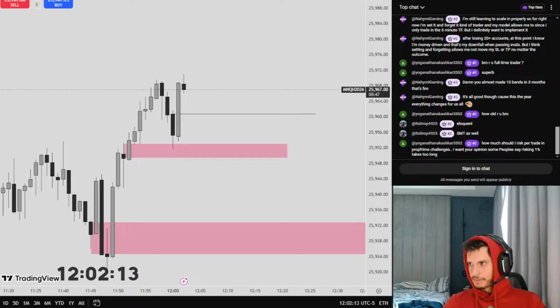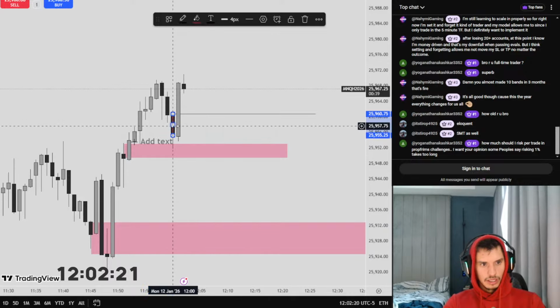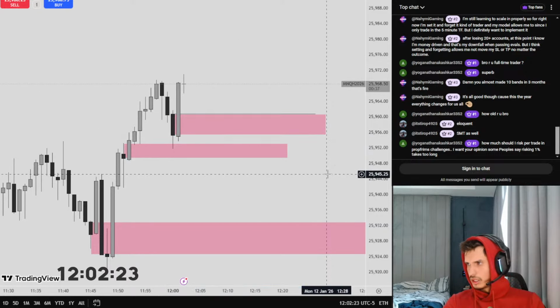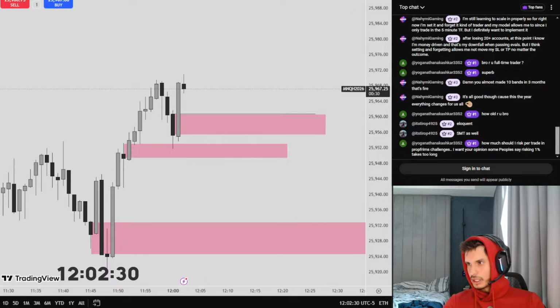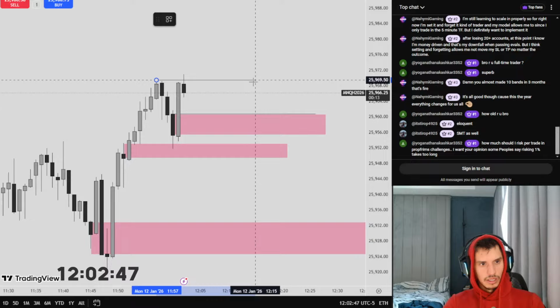We swept this high, putting in minor SMT, giving us a new order block. I'm waiting for that retracement. We have SMT at the highs here.